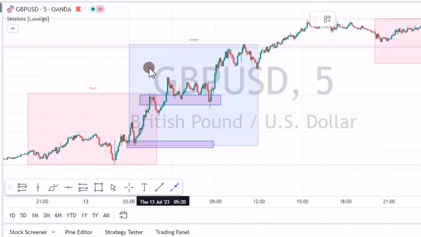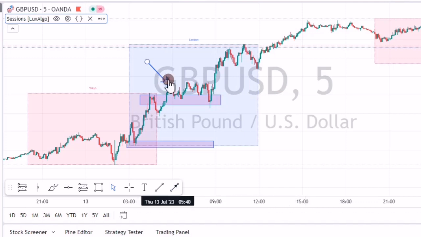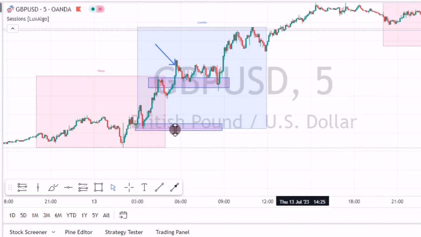And then the breakout was on the upper side. It was a clear breakout. So what do you do? You place a buy trade because the breakout was on the upper side. If it was on the lower side, you would place a sell trade. This is the Tokyo plus London breakout.